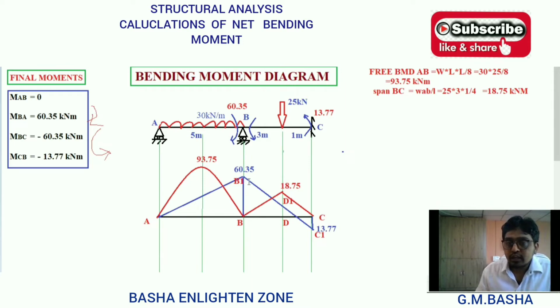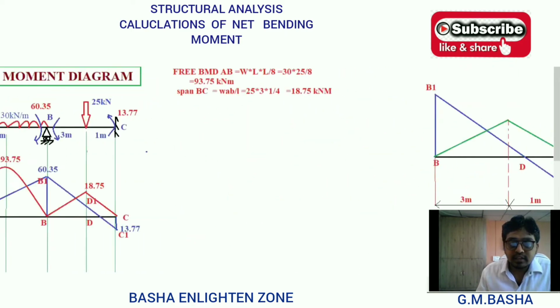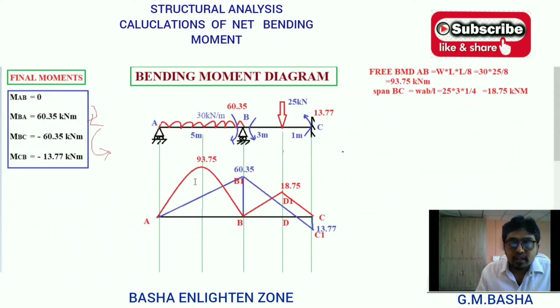Then move to the calculation of the net bending moment values. See here, what is the net bending moment value for the span AB? For the span AB, the maximum bending moment is exactly at the center for the parabola. So we have to find the ordinate exactly at this position.